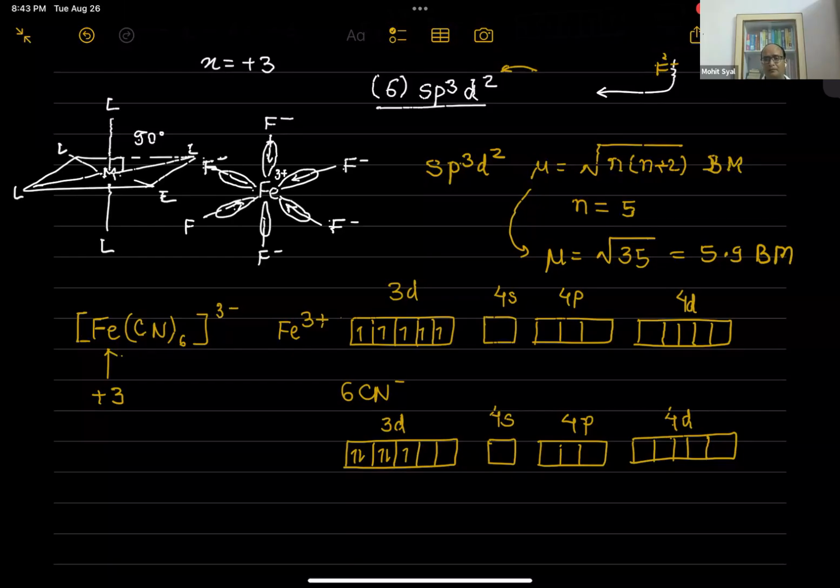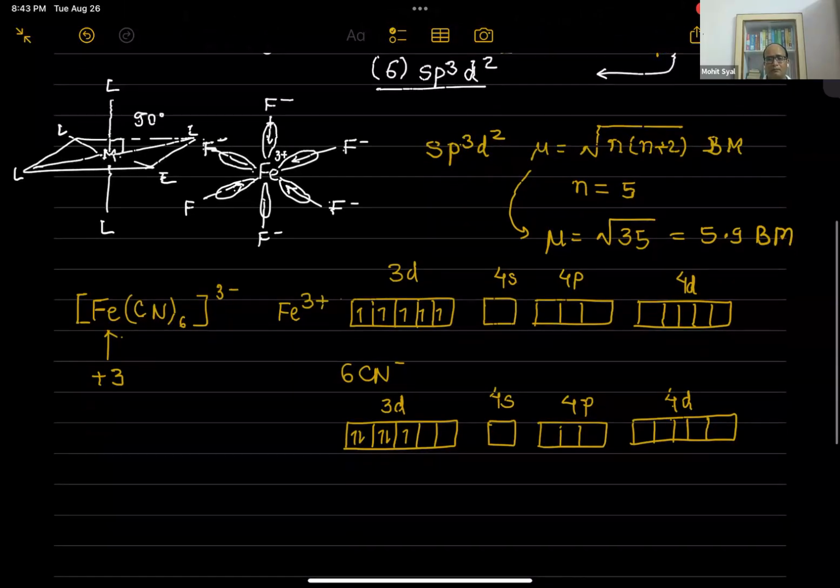Sir, isn't there a rule saying that we have to fill all the orbitals first, then start pairing? That was for isolated atoms at the class level. Yes, that was for the electronic configuration of iron when you are writing. So first you put one electron each and then you start pairing. Exactly, you are right.